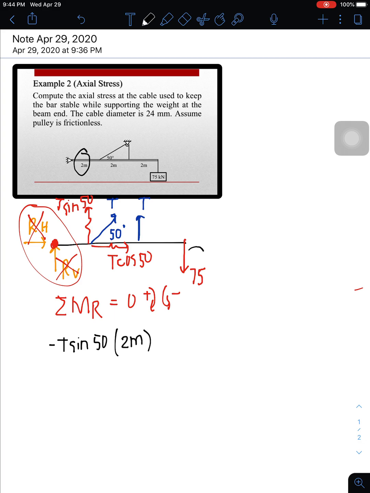And then the rotation over here is clockwise, and that's positive.